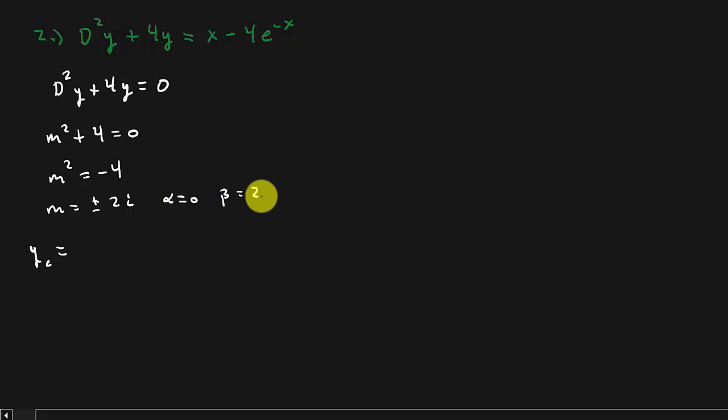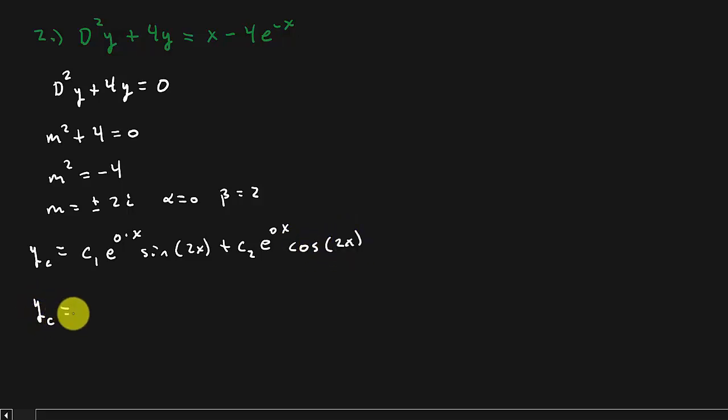So this is going to be c1 e to the 0 times x times sine of 2x plus c2 e to the 0x cosine 2x. So y sub c is c1, and e to the 0x is just 1, so that's sine 2x plus c2 cosine 2x. So there's your complementary solution.